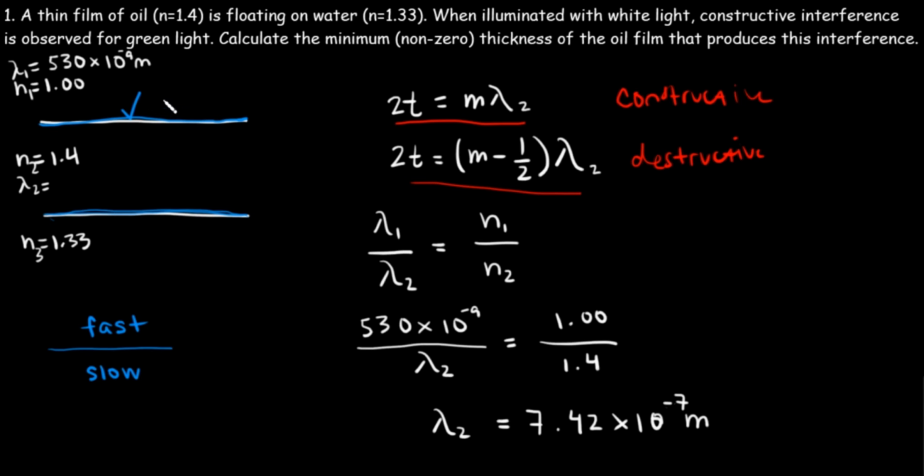As you can see in this problem, there is one phase shift, which means these formulas are going to be switched. So which one do we want, constructive or destructive? Well, the question clearly says constructive interference. So we're going to have to use this equation because the formulas are switched. Because of the phase shift, we're using this formula and not the one above.